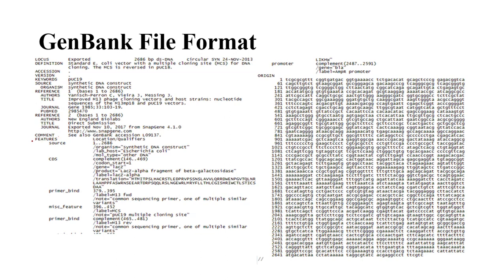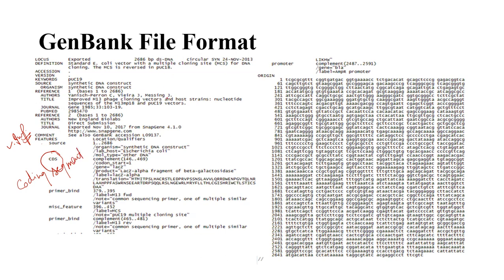And features are very important. Why are they important? Because the features contain information about the CDS. See, here only one CDS is there. Otherwise you will see sequences which contain a larger number of CDS. So what is CDS? CDS is a coding segment.